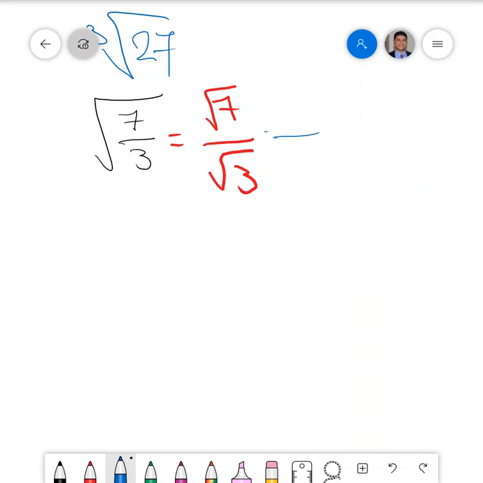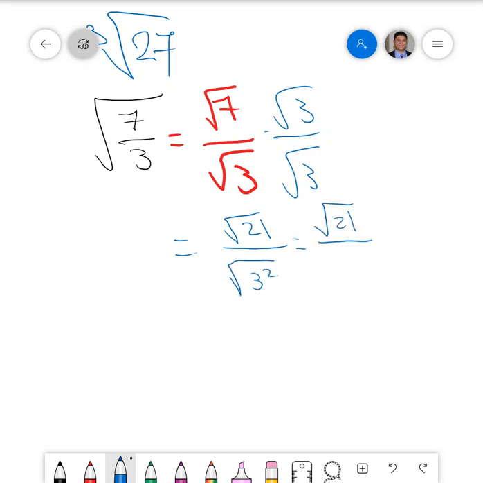So we'll multiply by radical 3 in the denominator and radical 3 in the numerator. Radical 7 times radical 3 is radical 21. Radical 3 times radical 3 is radical 3 squared, so we get radical 21 over 3. Now we have an integer in the denominator, we don't have any radical in the denominator.